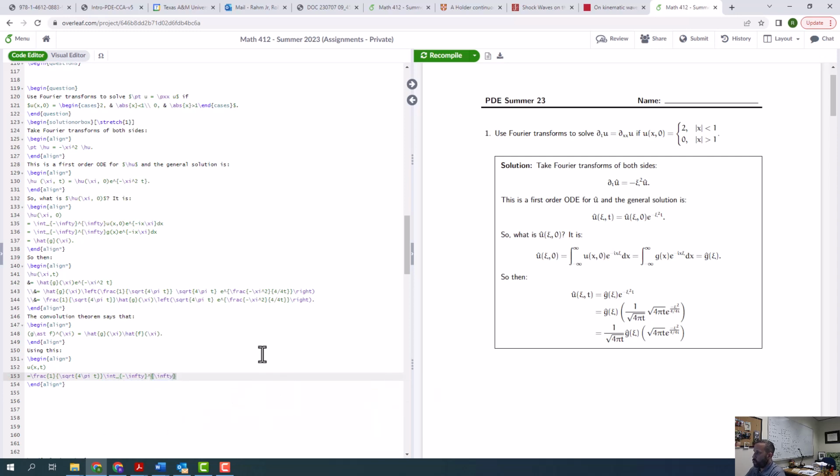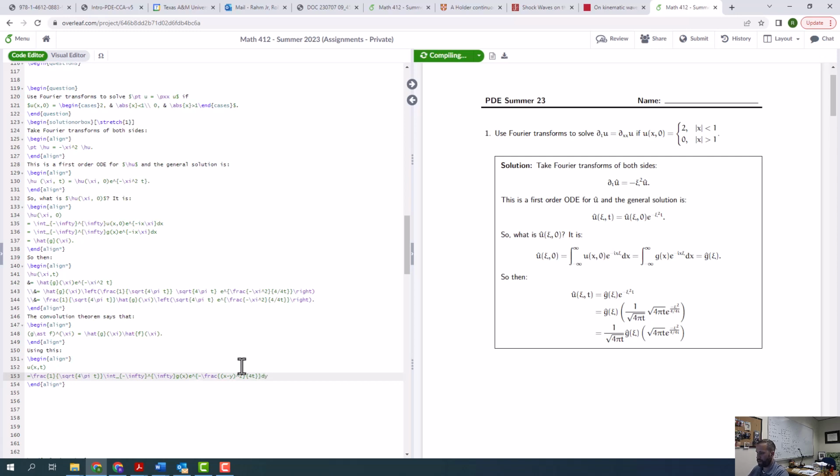So what is g of x? I'm just going to write this as g of x for now. And then times the convolution with the inverse Fourier transform of that part. So it's going to be times e to the minus x minus y squared, actually needs to be a fraction, over 4t, dy.